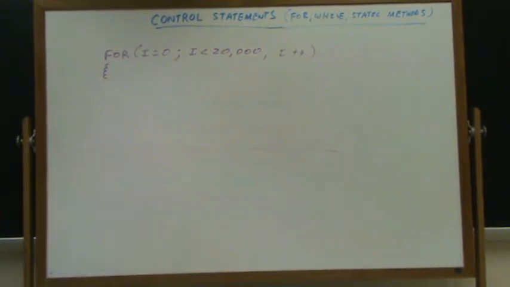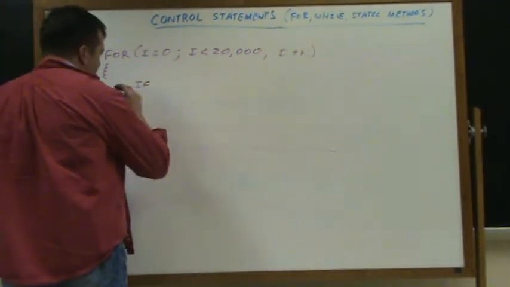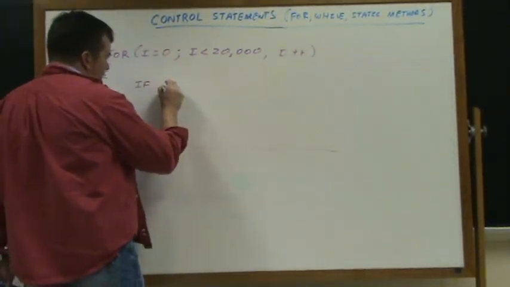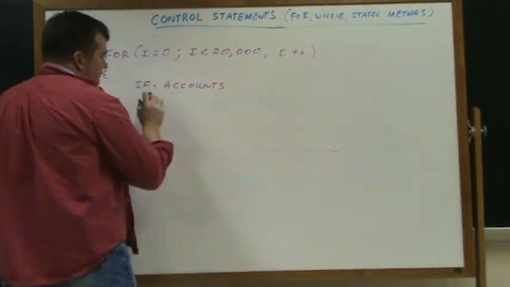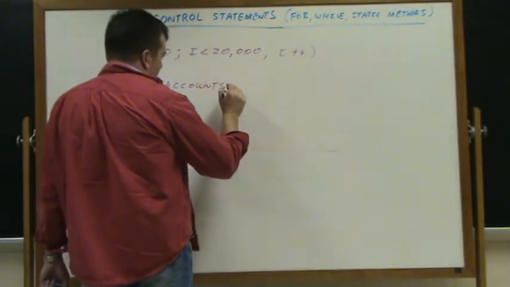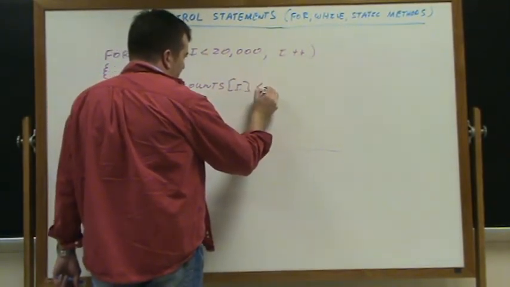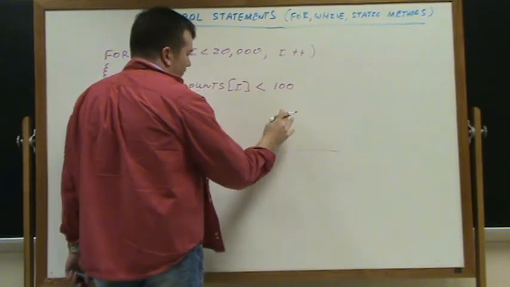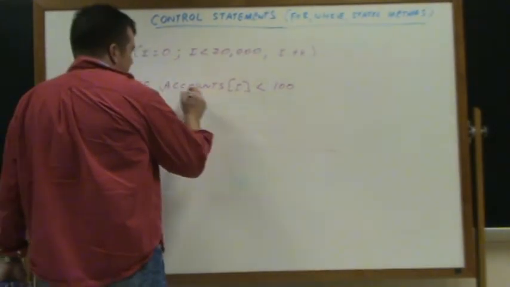now let's say we're back to we want to give interest to accounts. Suppose we said, well, if the account accounts sub i is less than $100, they don't get interest. Let's say there's all kinds of bank rules there.